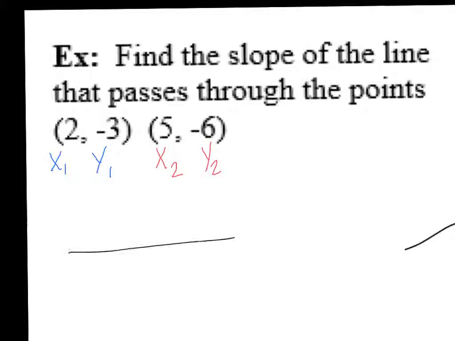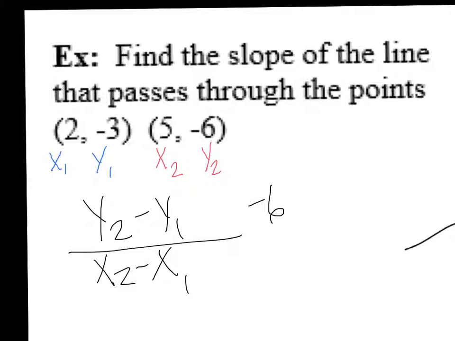Now, our formula is y2 minus y1 divided by x2 minus x1. So we're going to plug in the values for each of these. Our y2, our value for our second y, is -6, and our value for our first y is -3. So we have -6 minus a -3. We're going to have to be very careful in just a minute about this minus and negative.